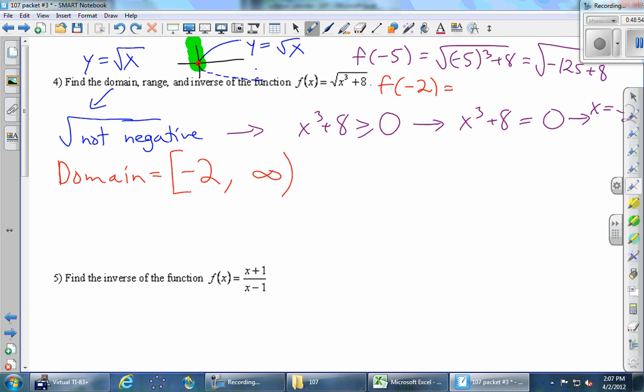If you plug in x equals 5, you have a bigger square root. Plug in x equals 1,000,000, you're going to get a really big square root. So range is oftentimes really tricky. If you didn't get that whole explanation, no sweat. We're just going to say the range of this function is the same as the range of the square root of x function that we saw above.